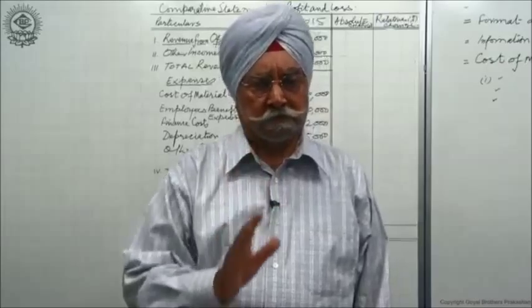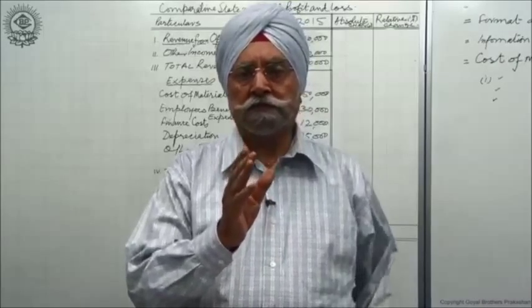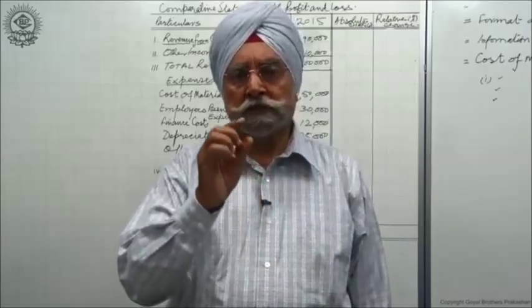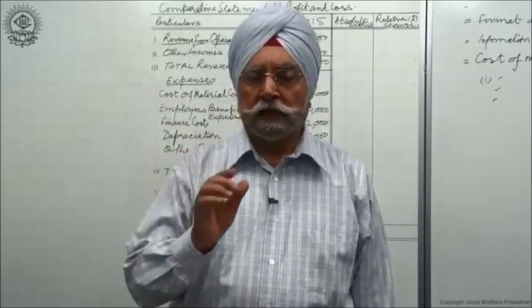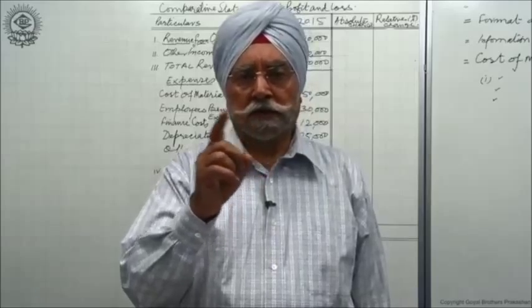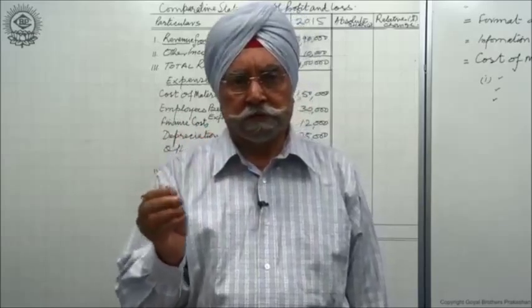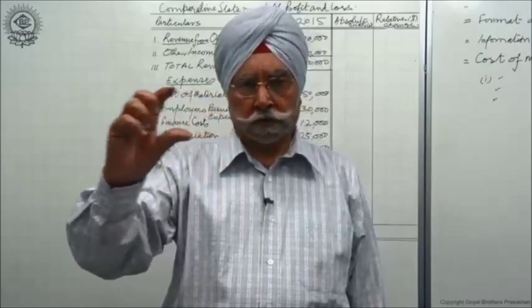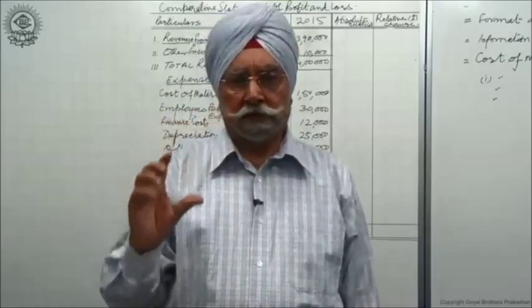Revenue means sale of the main items in which the company deals. So revenue from operations is the first item, and the second item is other incomes. If there are any other incomes, they will be mentioned under number 2. And then we total the two. This is the total revenue.